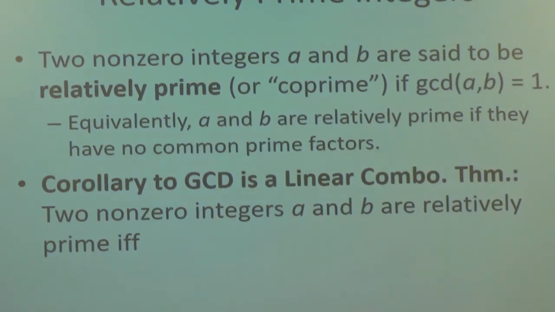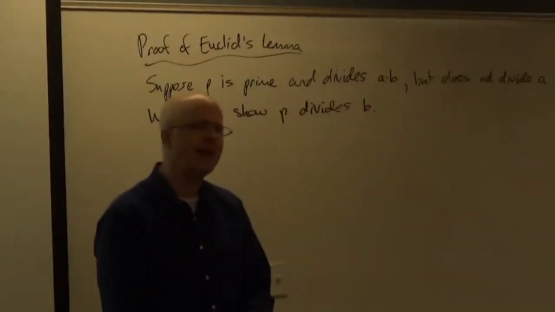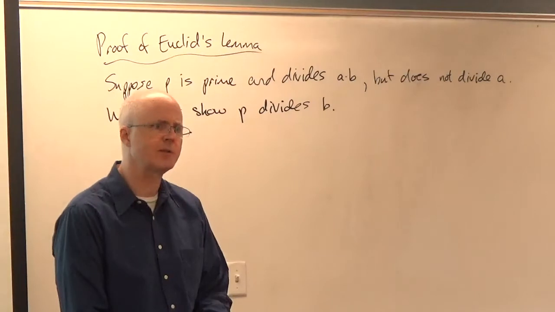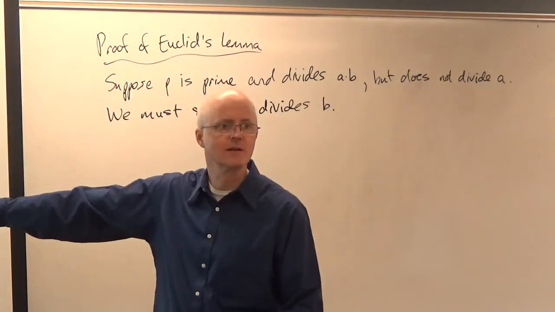Two non-zero integers A and B are relatively prime if and only if there exist integers S and T making this linear combination equal to 1, the GCD of these two relatively prime integers. P is a prime, and it does not divide A. P is not a factor of A. So P and A have to be relatively prime. This corollary applies.